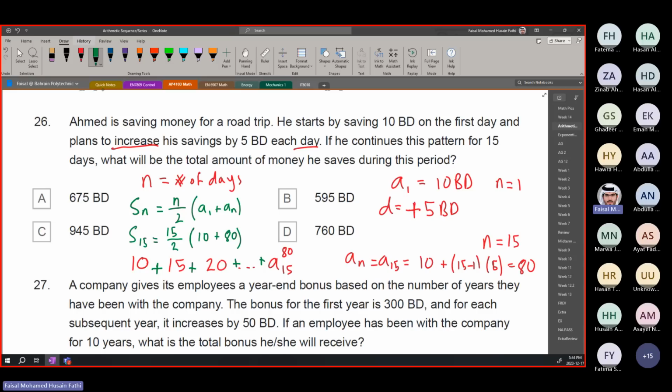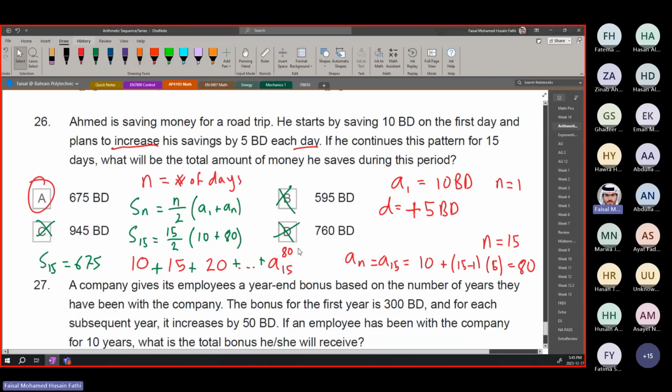Put that all in the calculator. 80 plus 10 times 15 divided by 2, 675. Our S15 will be 675. It's not this, it's not this, it's not this. 675 BD. Okay?